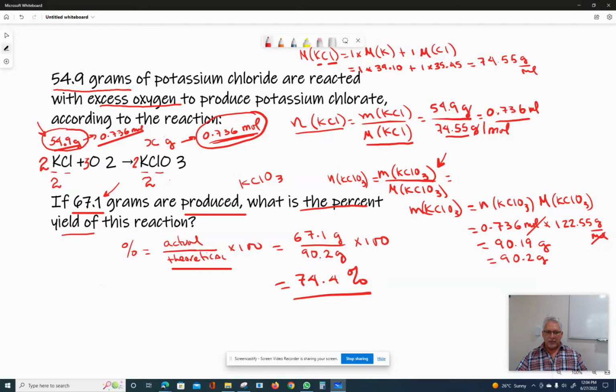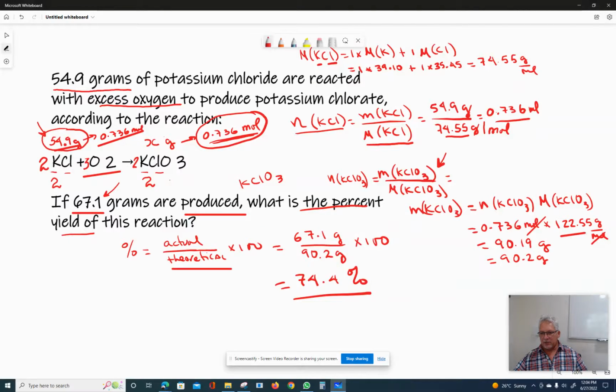Again, you need to find the relationship between the only reactant, because the oxygen is in excess. It doesn't count for any calculation, and that will be the same for the product. Once you have the mole of the product, convert to mass by multiplying the number of mole times the molar mass.